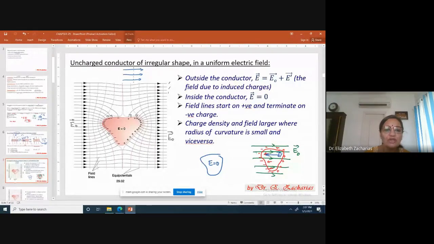The entire body of the material is an equipotential. Everywhere inside and outside, it's an equipotential. And you can see the shape of the equipotential is the same as the shape of the metal object. But as you move away, the shape changes and finally becomes a plane when you are moving away.